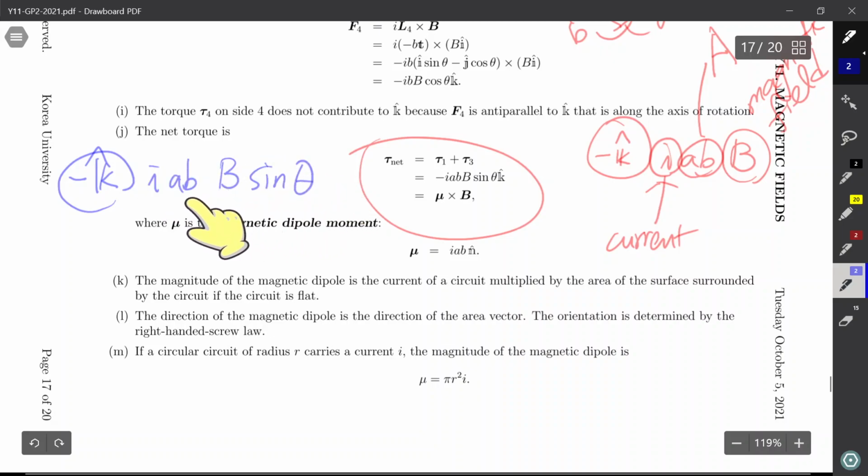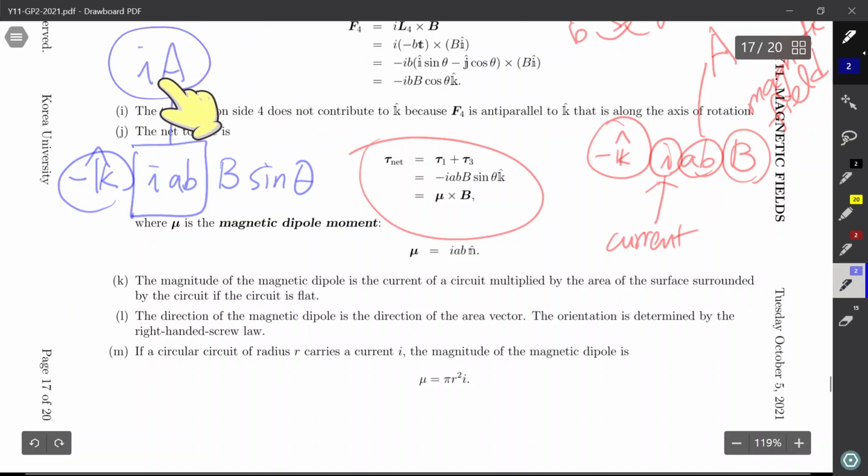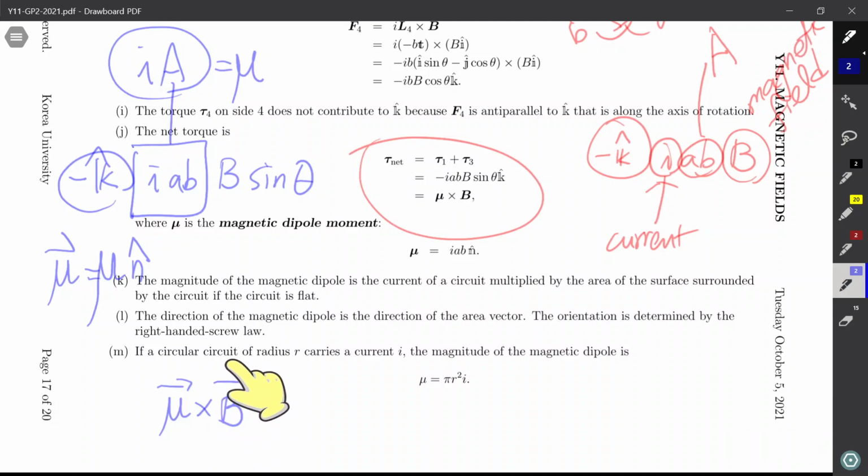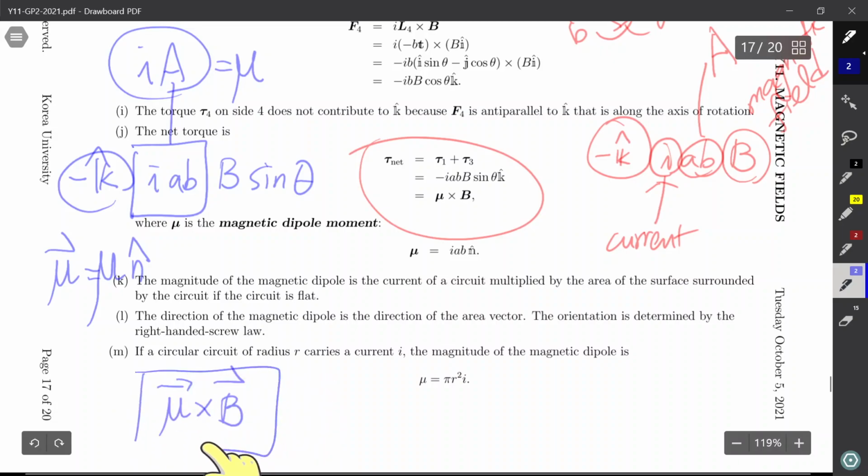I a b is the current I times the area A. We use the magnetic dipole, and my magnetic dipole vector is mu times n hat. Mu cross B, where B is to the right, is actually the net torque.